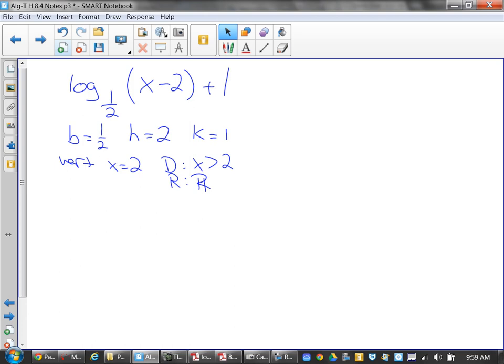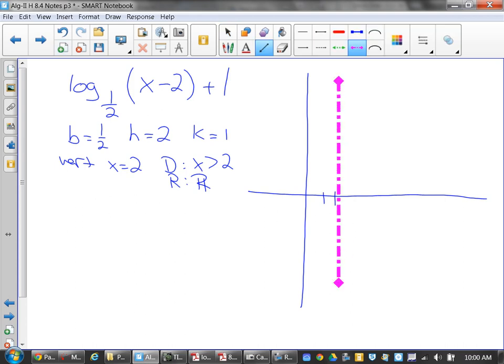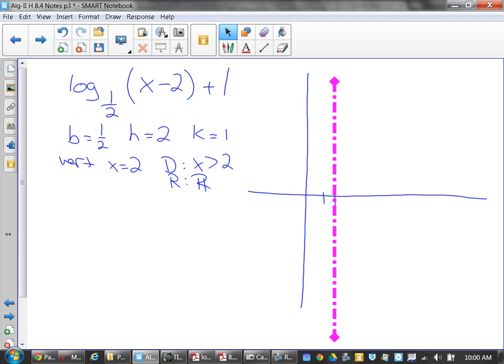When I go to pick out points, I've got my vertical asymptote at x equals 2. Shouldn't it be facing this way? What's your b value? It's less than 1, so it should be doing this.